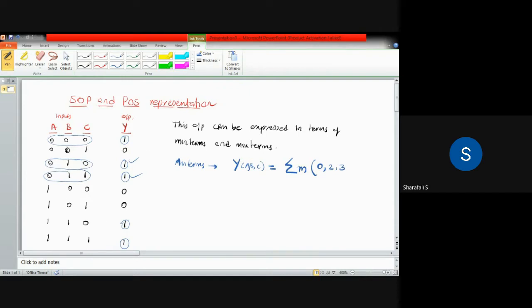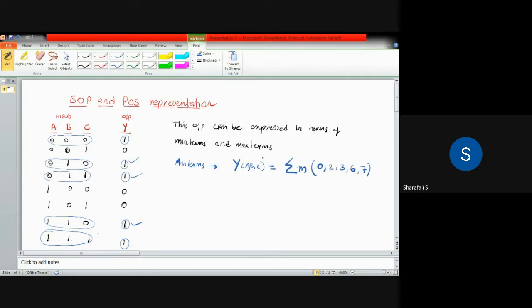Now if you consider this one, this will be having 4 and this is 2, so 6, right? And the last one is 7. It's 1, 1, 1 is 7. 1 into 2 raised to 0 plus 1 into 2 raised to 1 plus 1 into 2 raised to 2. So that will give you 7. So these are the minterms, the representation of minterms.